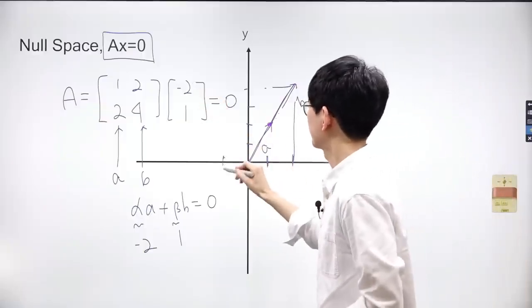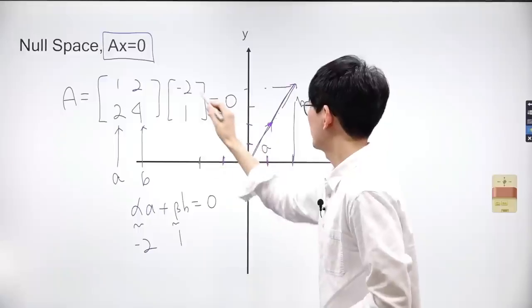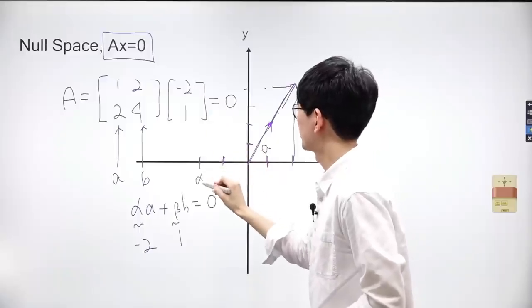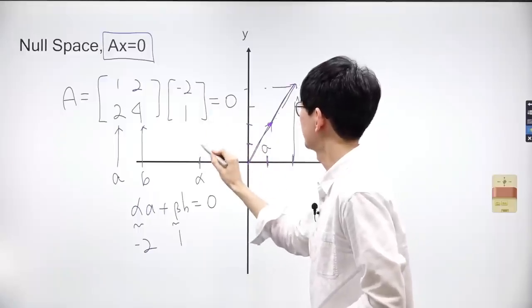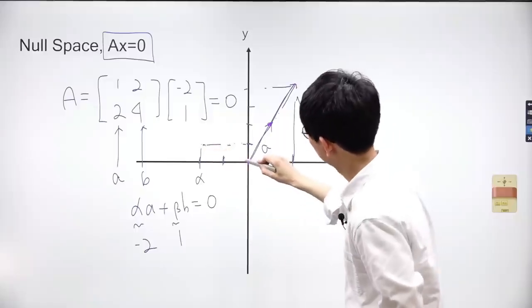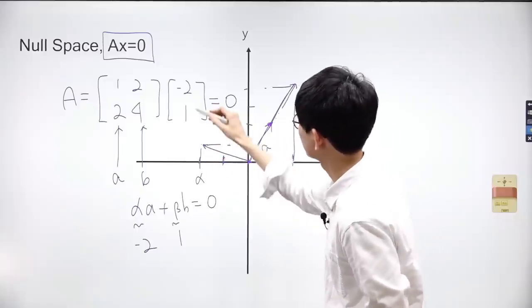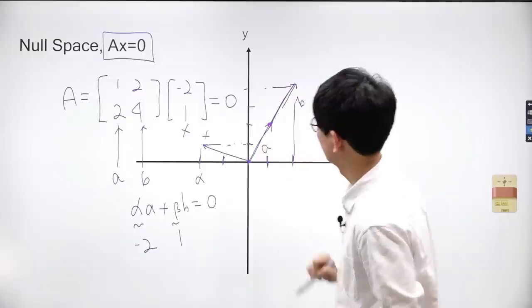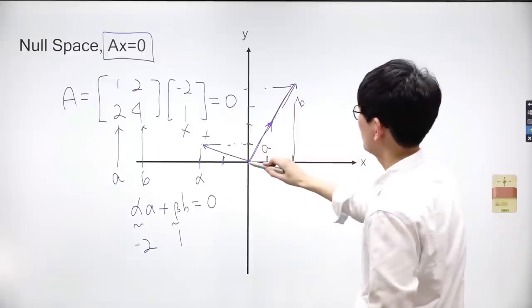In other words, when alpha times vector A plus beta times vector B equals 0, we can substitute -2 for alpha and 1 for beta. Let's plot the new vector -2 and 1 on the plane and denote it as x.